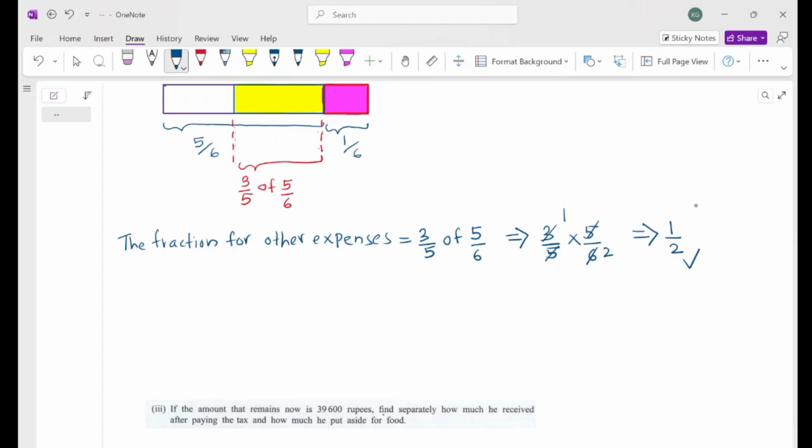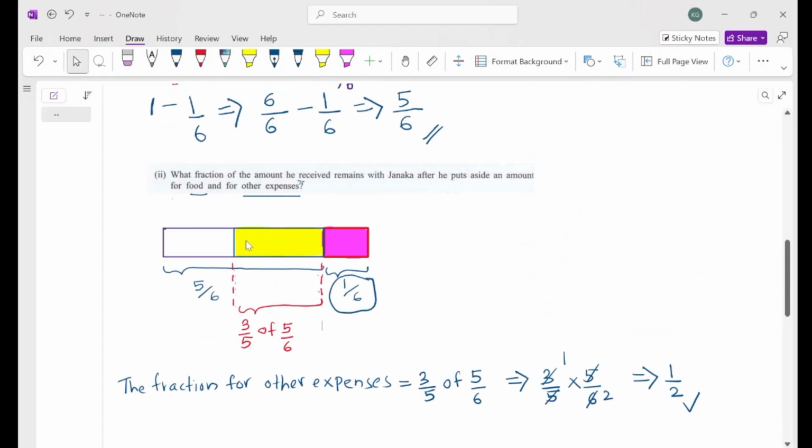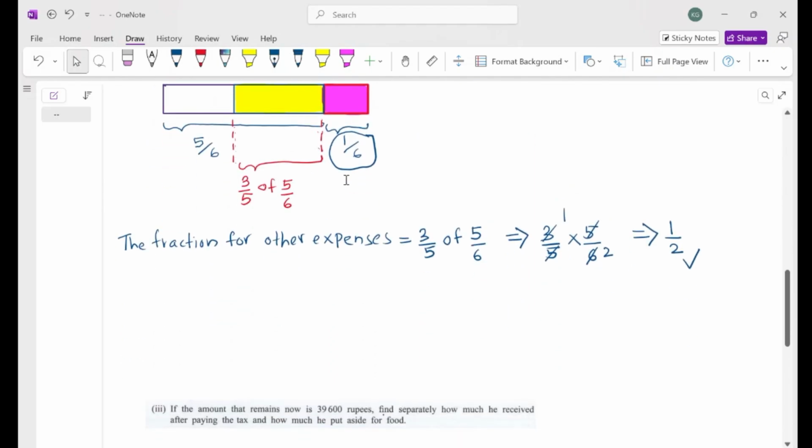This is known, and the fraction for food is 1 out of 6. We have to find the fraction of the amount he received that remains after he puts money aside for food and the other expenses. So we can consider this as a whole.